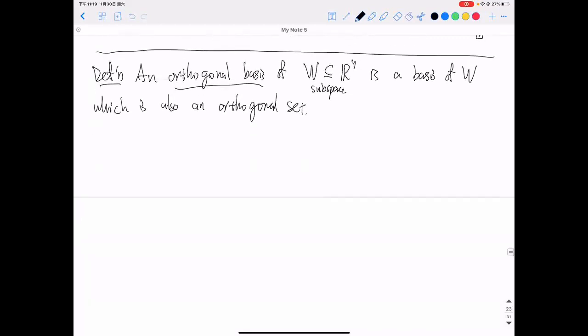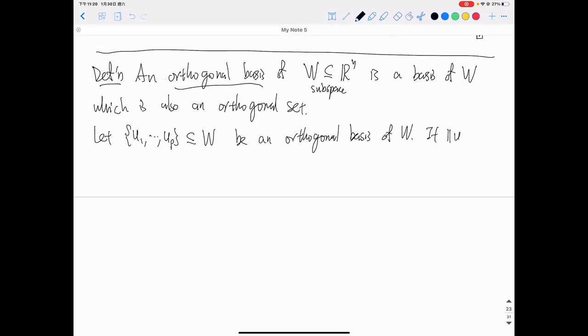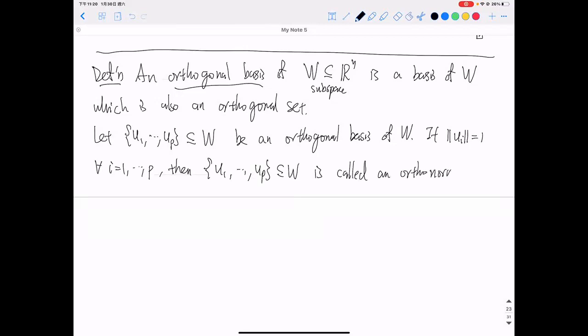Now, if you have an orthogonal basis of W, say U1 through UP, and if the lengths of these vectors U1 through UP are all equal to 1, then this collection U1 through UP is called an orthonormal basis. Okay, so the word is a little different here.